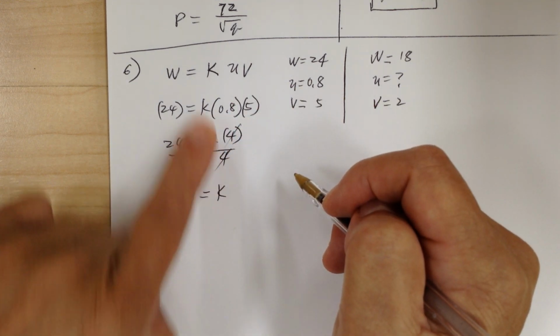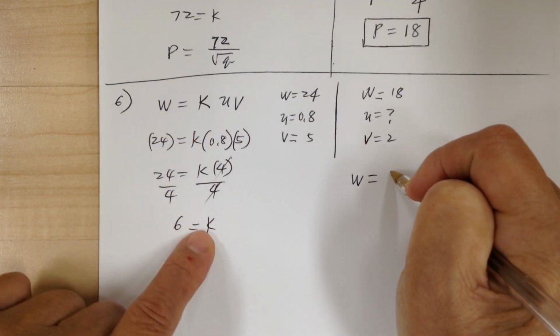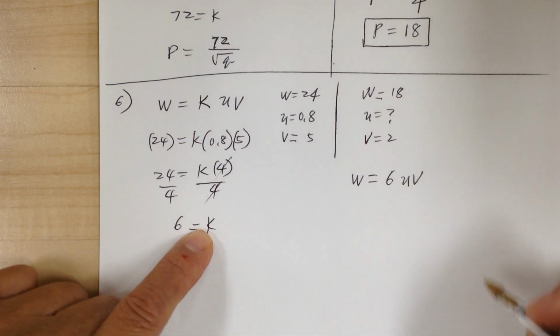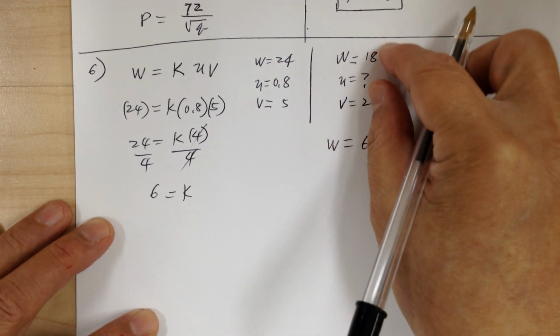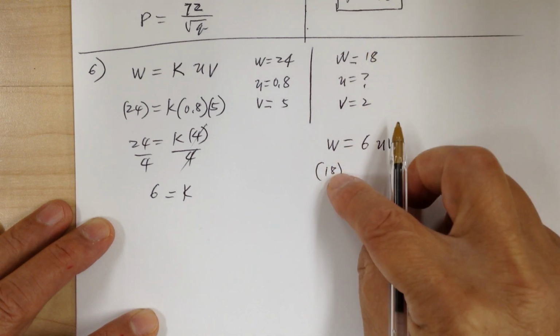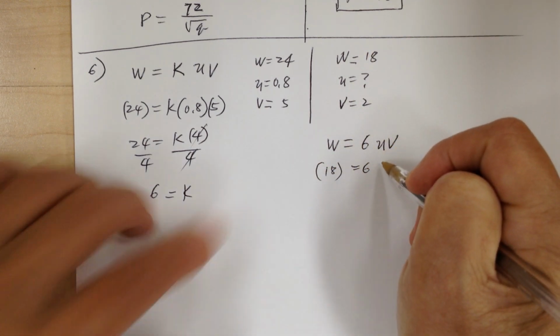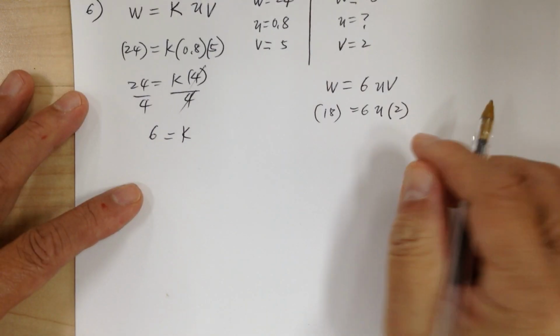So once you find K, you have to update your equation, so W will equal 6UV. Once you have your updated equation, then you can substitute and find whatever you're looking for. So W is 18 equal to 6 times U, which is what you're looking for, and V equal to 2.